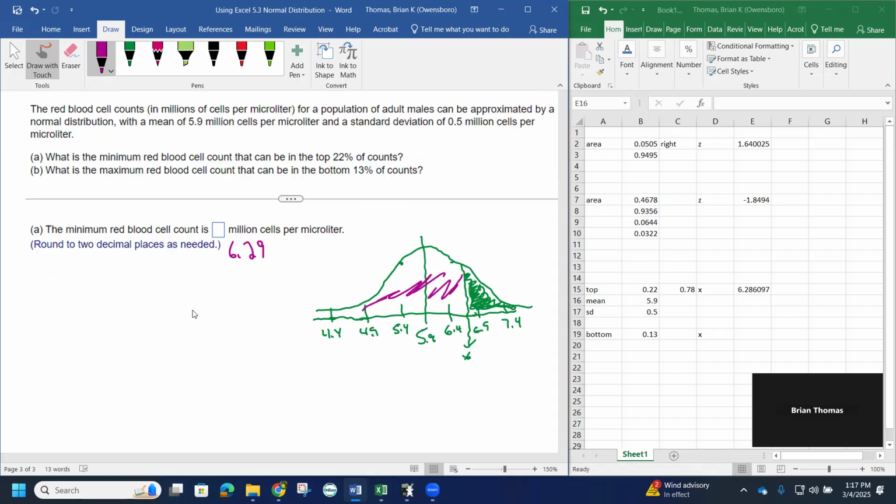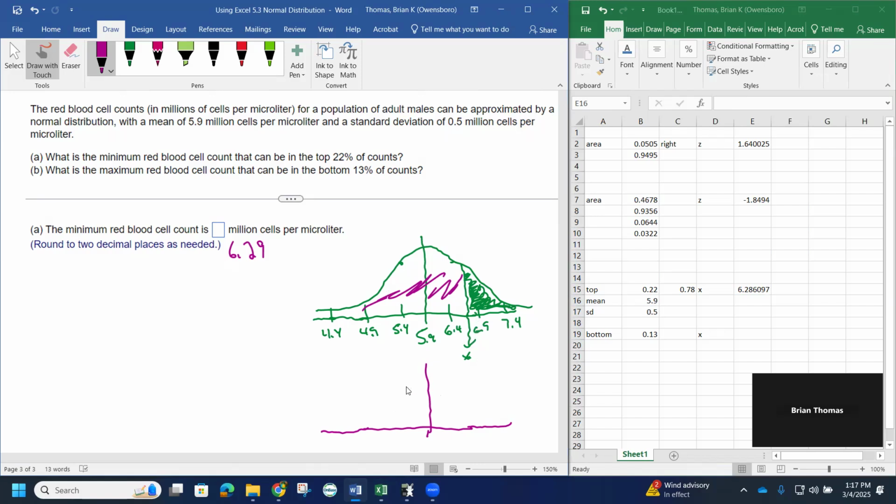So part B says, what's the maximum red blood cell count for the bottom 13%? So the bottom 13%, if I draw that out, you can see my drawing's not quite right there. It's hard to do percentages because I kind of wrote it out, so my drawing wasn't perfect.